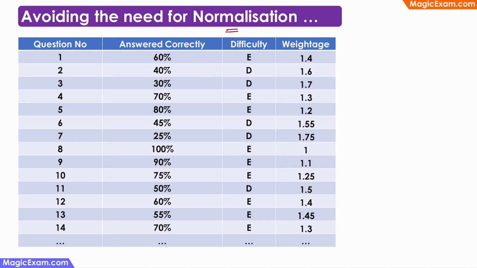For example, if most of the candidates are able to answer a specific question, then that has to be easy, and an appropriate weightage or difficulty grade is assigned to such questions. And if very few candidates are able to answer a specific question, then this has to be a difficult question, and a higher weightage or a higher difficulty rating is given to such questions.